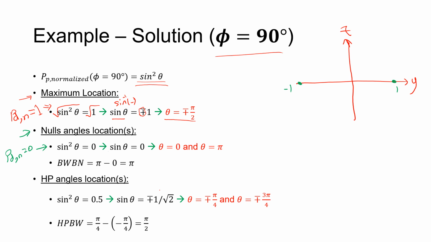Then when we take the inverse sine of sine theta equal to 0, we get that theta is either equal to 0 degrees or theta is equal to pi. And this means that on the z-axis, because theta is equal to 0 in this direction and this direction, we have nulls.